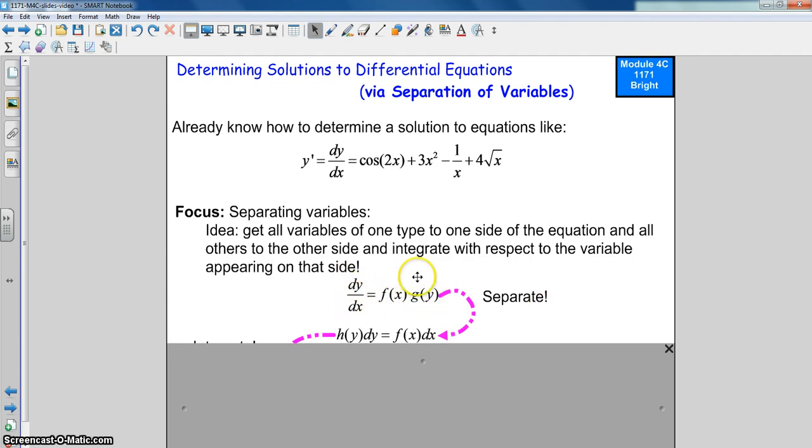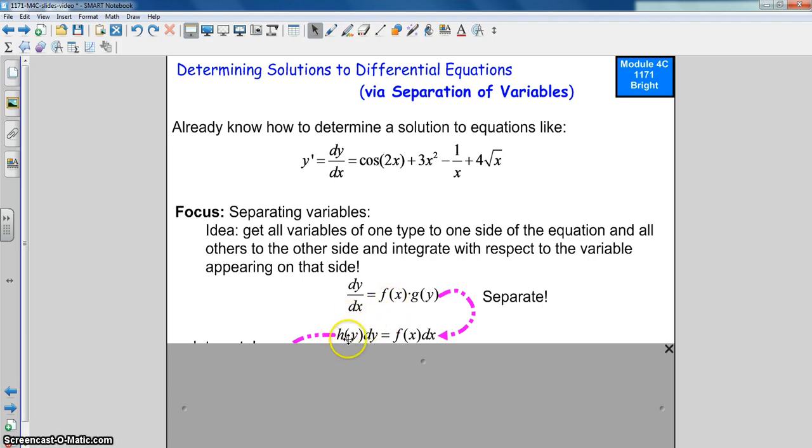We want to get the functions containing x to one side and the functions containing y to the other. So f of x stays on the same side, and I move dx to the other side. With g of y, I move that to the other side, and when you do that, you will probably change the function, which is why I call it h of y.